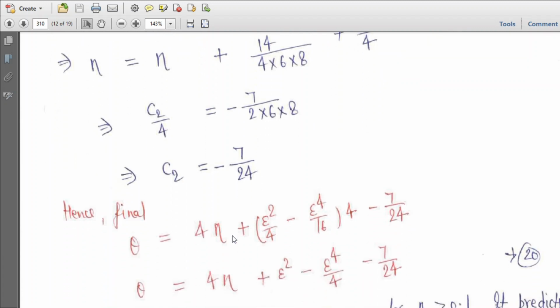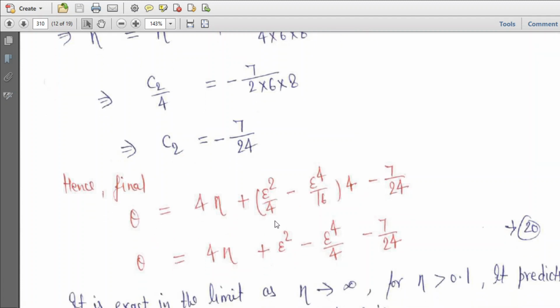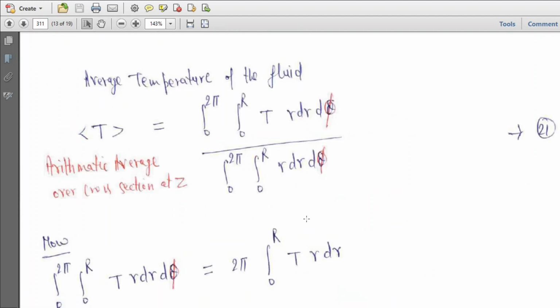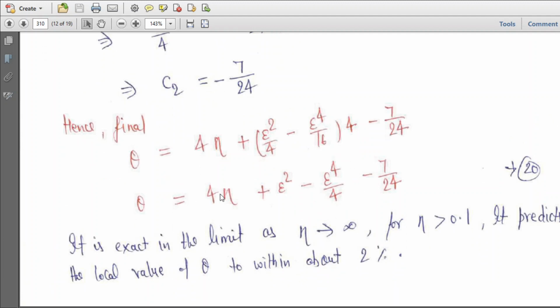Now we have the expression for C2, so we can substitute here. The final expression of theta is 4 eta plus epsilon square upon 4 minus epsilon 4 upon 16 into 4 minus 7 upon 24. From here you will end up with the expression of theta as 4 eta plus epsilon square minus epsilon 4 upon 4 minus 7 upon 24.